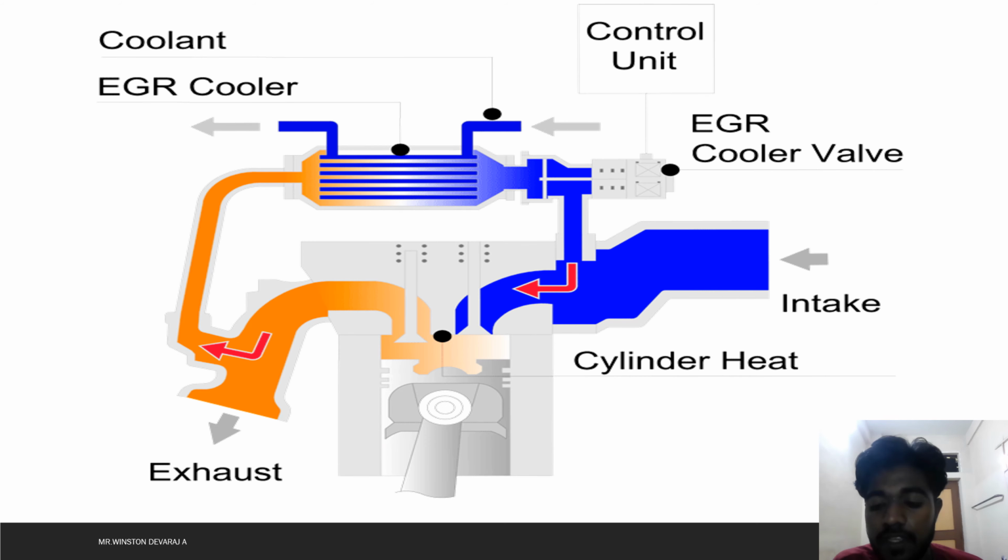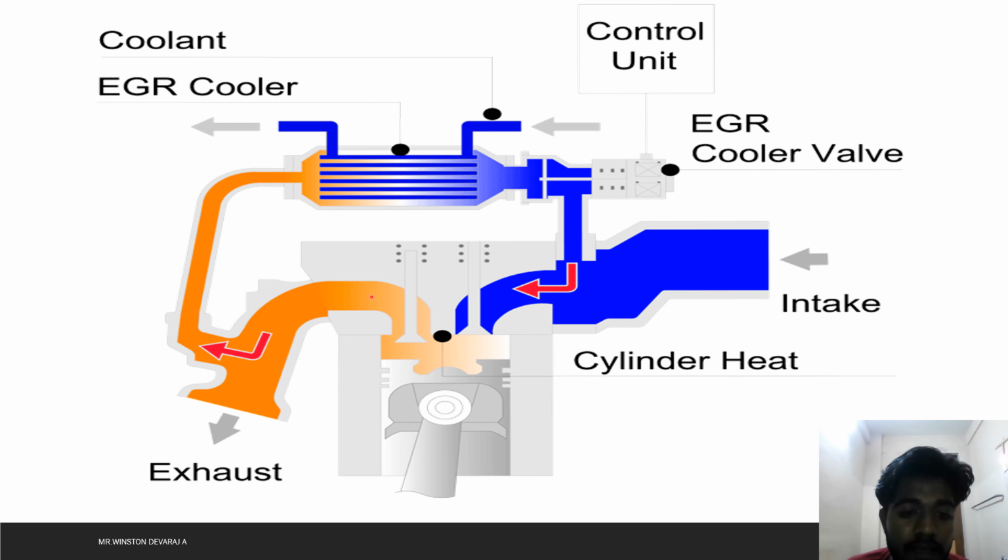I think this image is self-explanatory, so you can clearly see. Wait, I will show. So this is a combustion chamber, as you all know. This is the place where the combustion will happen. Whenever the intake air comes inside by the inlet valve, it will close after the combustion, and the exhaust valve will open.